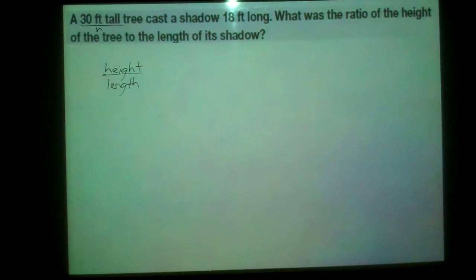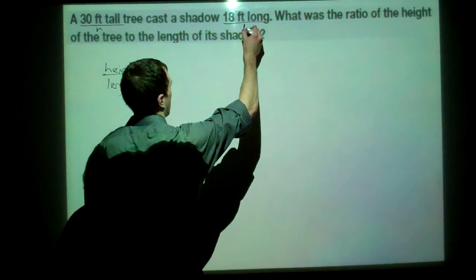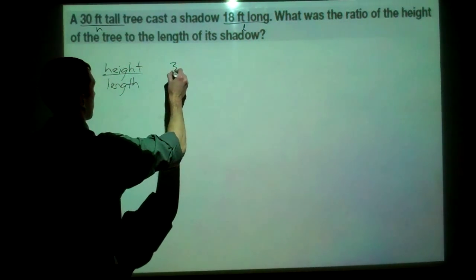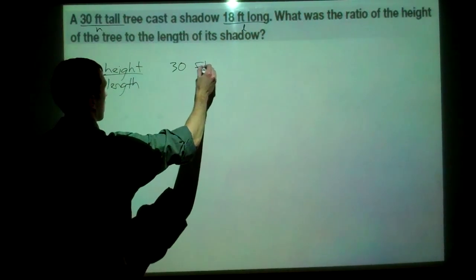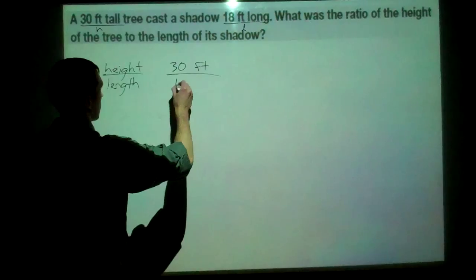That's how we're setting up our ratio here. The length of the shadow is 18 feet long. So here's our length. Alright, so we've got 30 feet to 18 feet.